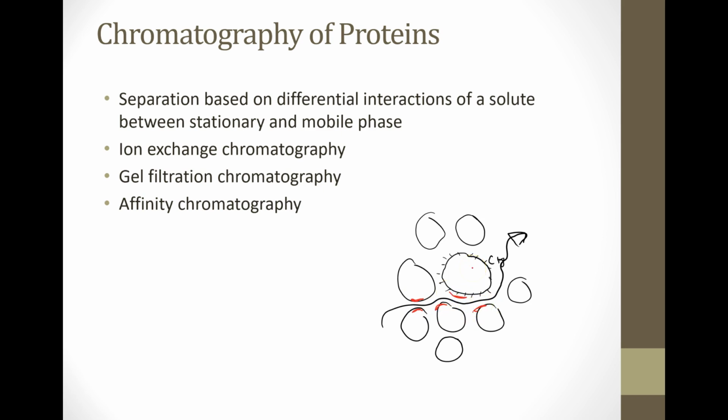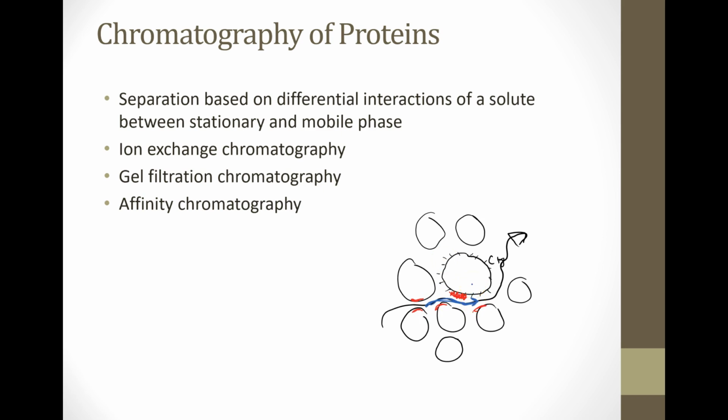And if the solute that's in that mobile phase has an affinity for the stationary phase, it'll spend time bound to that surface. Now, the trick to good chromatography is you always want to have some degree of affinity of a target solute for your stationary phase and some degree of affinity for the mobile phase.